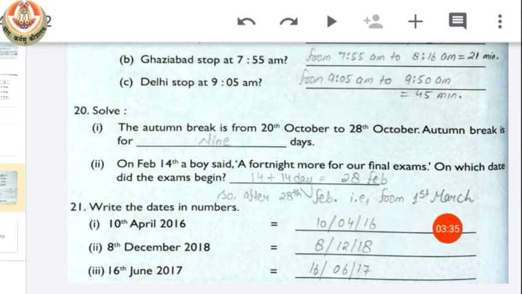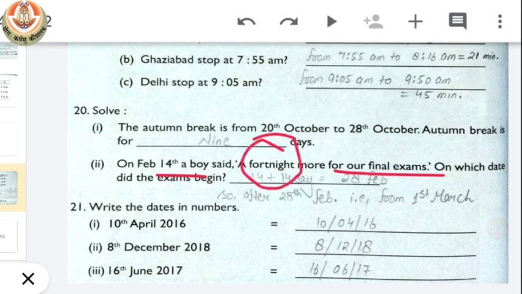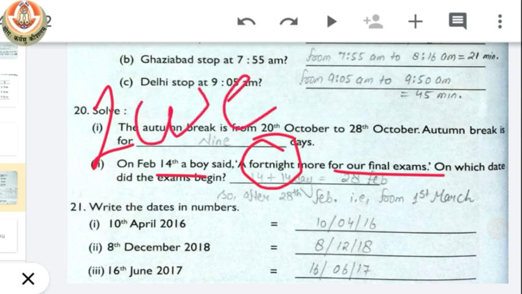On February 14, a boy said, a fortnight more for our final exam. First we have to understand the meaning of fortnight. Fortnight means a duration of 2 weeks, that means around 14 days.